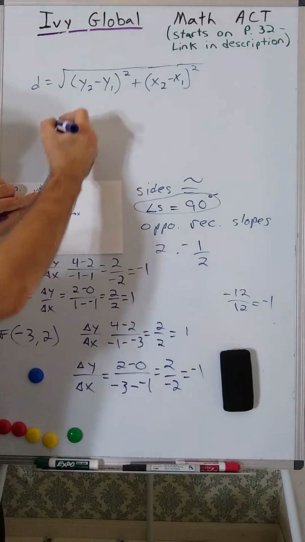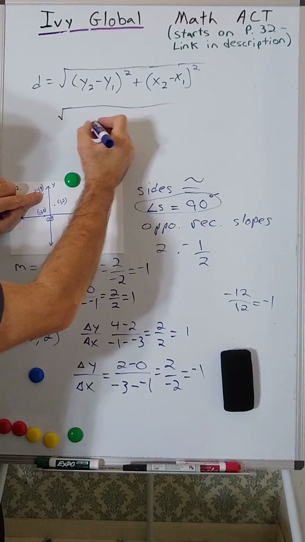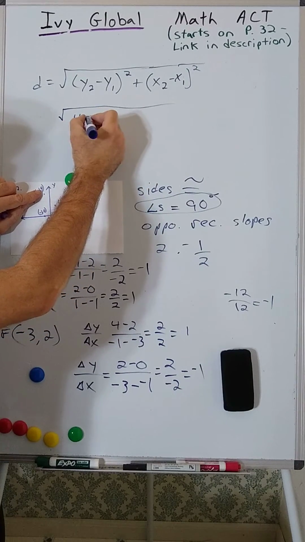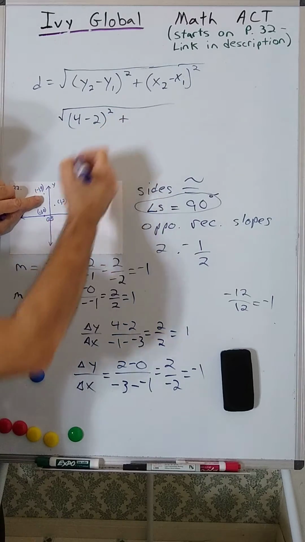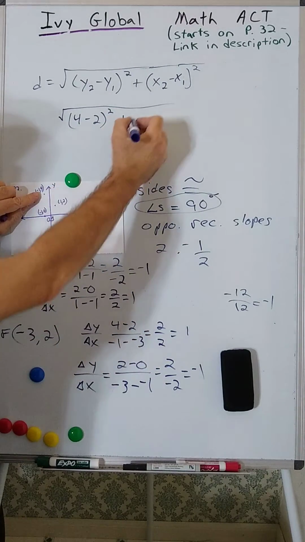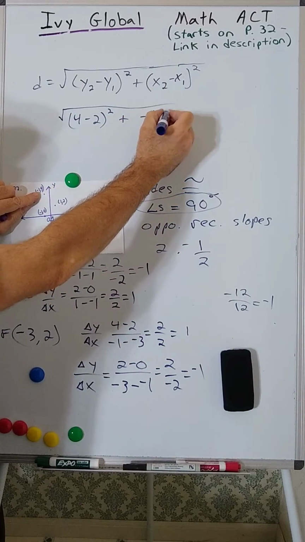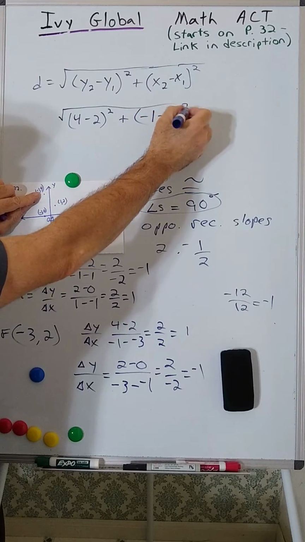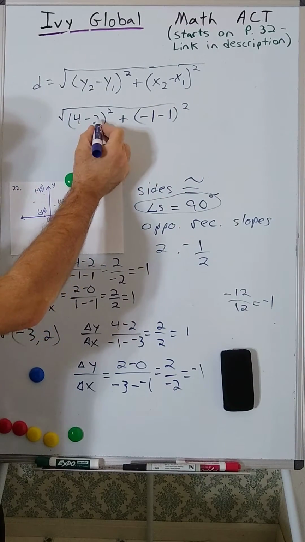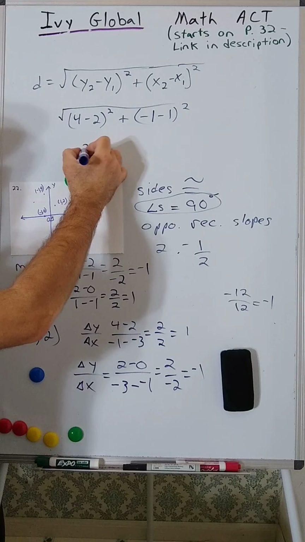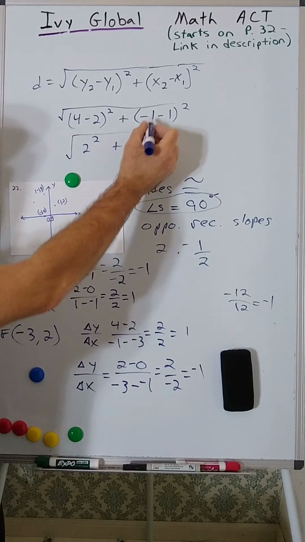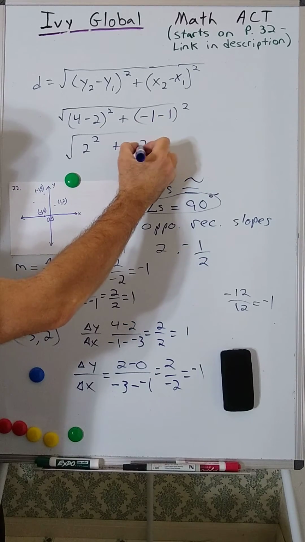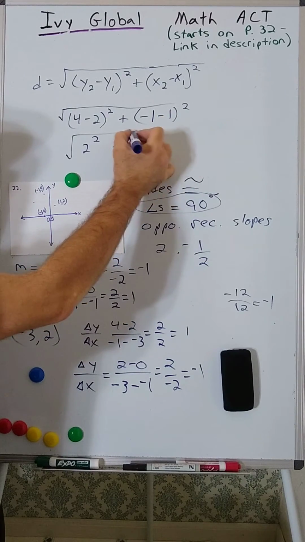Okay, so here we would have 4 minus 2 quantity squared plus negative 1 minus 1 quantity squared. And this is 2 quantity squared, so we have 2 squared plus negative 2 quantity squared.